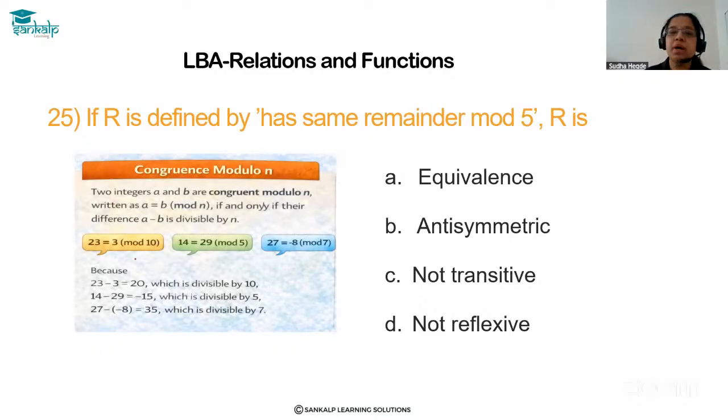So what do you mean by A congruent to B mod n? If you know the definition of congruent modulo n, it's easy to solve.